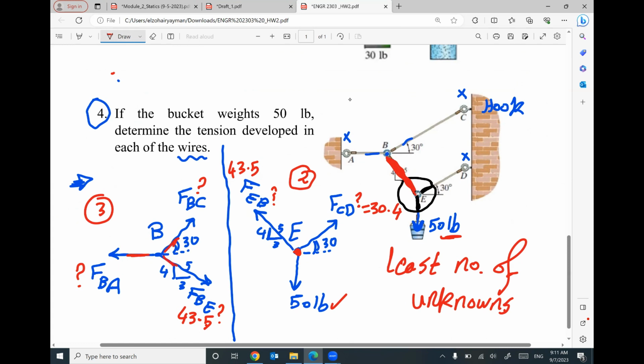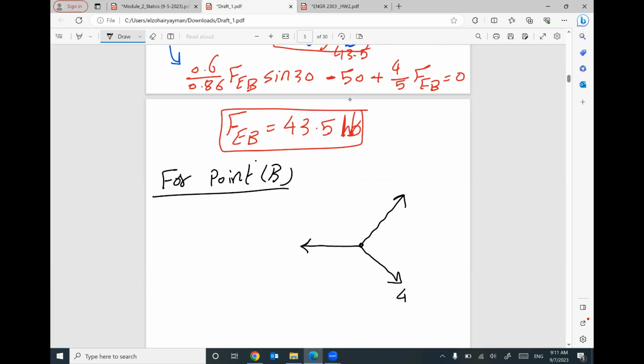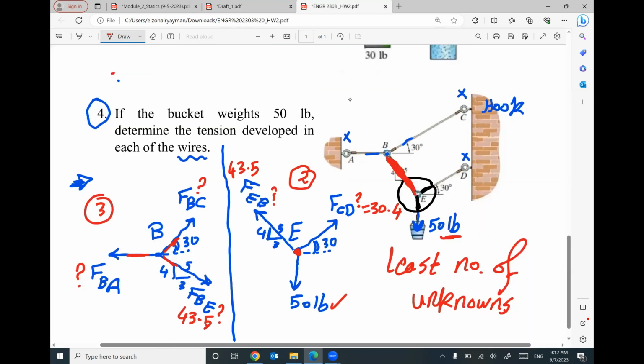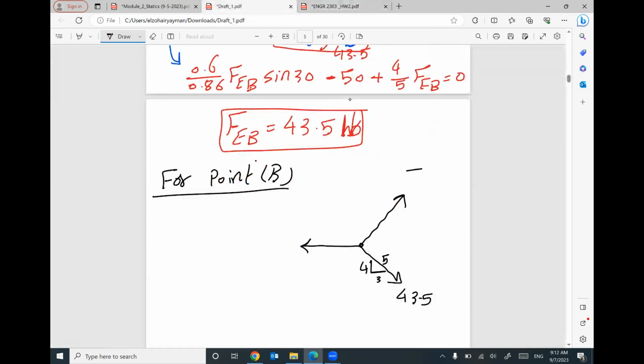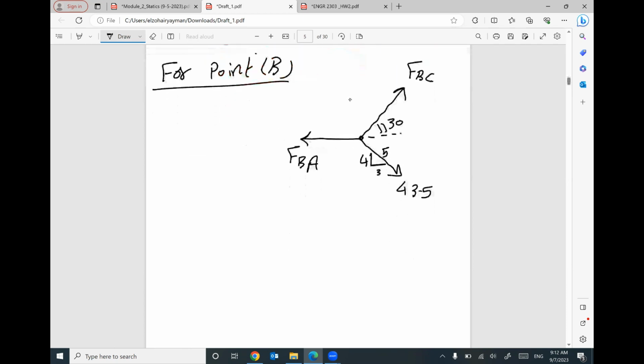This one is 43.5. And this right angle triangle 3, 4, 5. This one is FBC with angle 30. This one is FBA. Go ahead and start your calculation one more time.